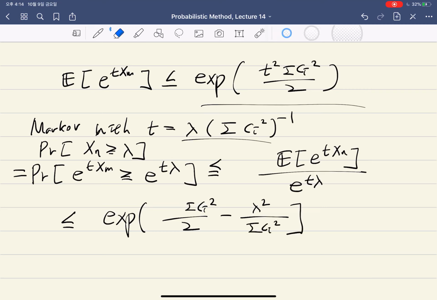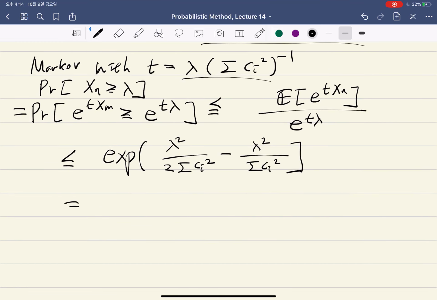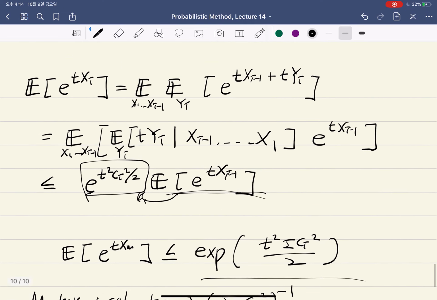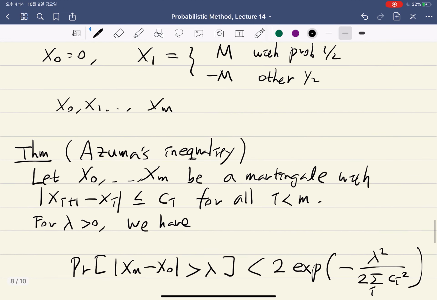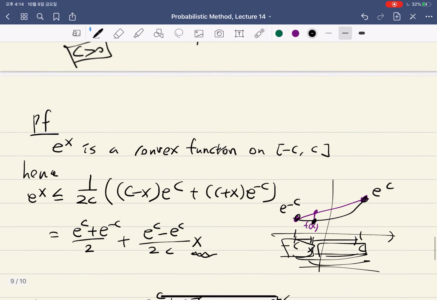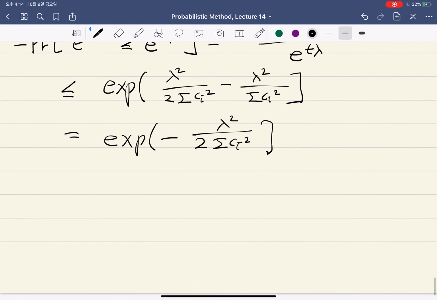And then you have t squared, you put it here, then you get this. So you have that it's at most this number, which is exactly what we wanted to prove, the Azuma inequality. So we have this.